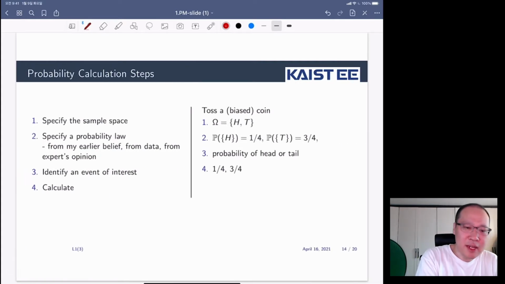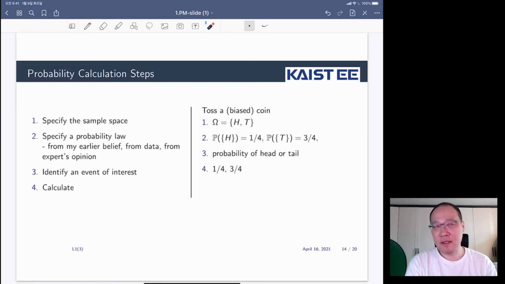So general probability calculation consists of the following 4 steps, right? First, we need to specify the sample space. For example, in tossing a biased coin, where biased means that the probability of head and the probability of tail do not have to be half. It can be something else. So if we specify the sample space, then omega is H and T. And as a second step, we need to specify the probability law.